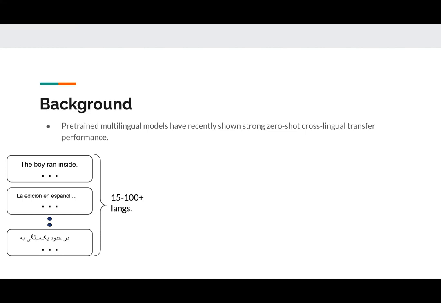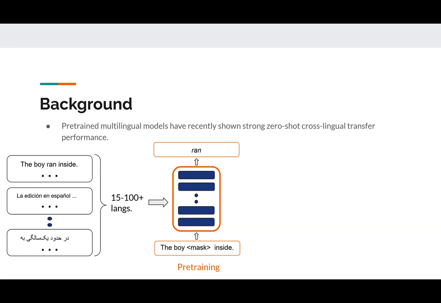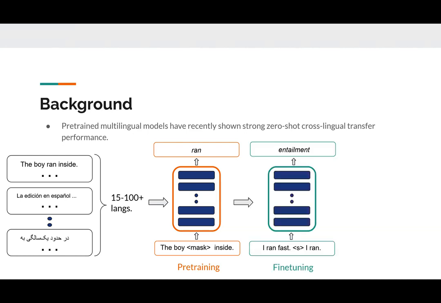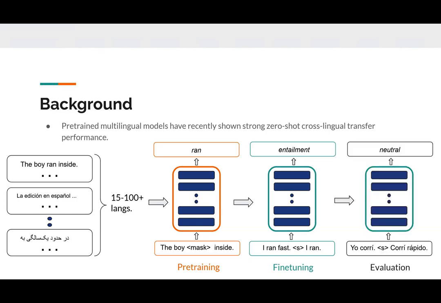And just as in BERT, we'll pre-train using masked language modeling, or depending on the data, some other objectives as well. We'll pre-train the model on data from all of these languages at the same time. And then we can use this model to fine-tune it on data for a specific task. This example is natural language inference, and then we can evaluate it on different data.